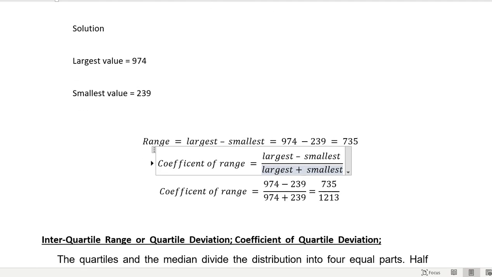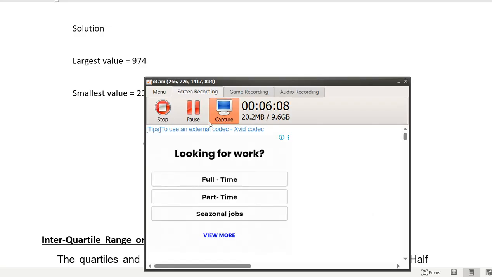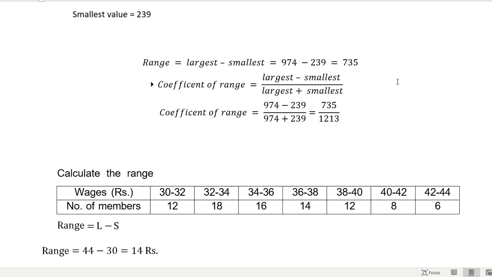Now for grouped data, it is quite interesting. Here we have the table, and this is grouped data. There is nothing to do with the frequency. We'll just look at the classes.